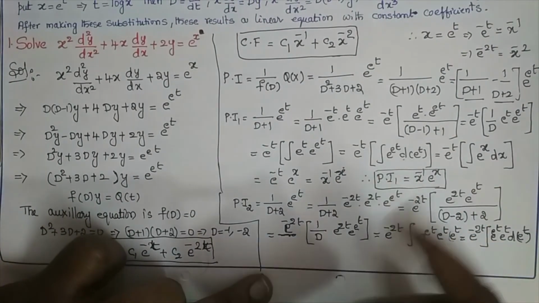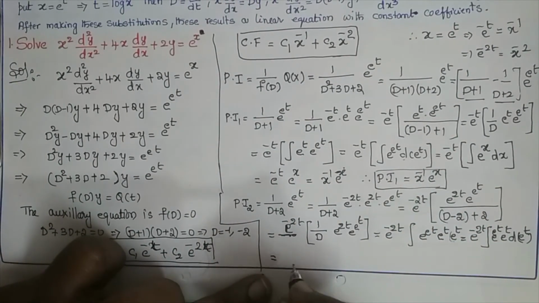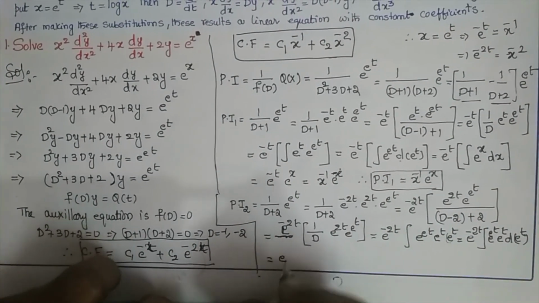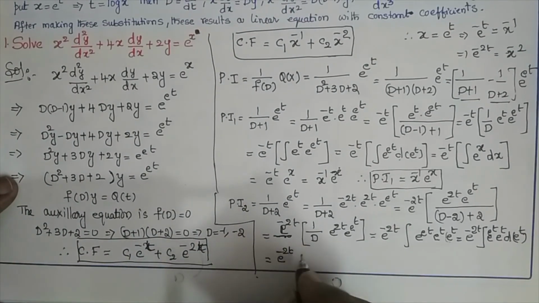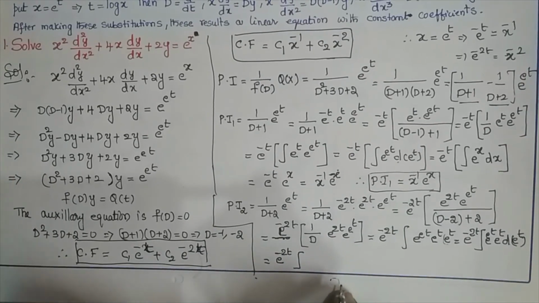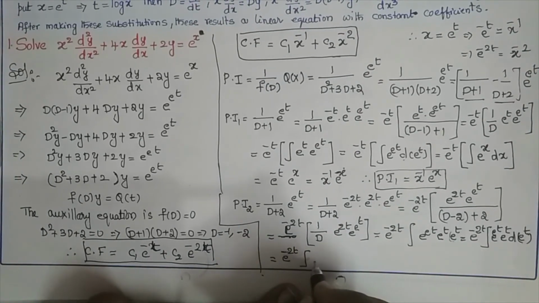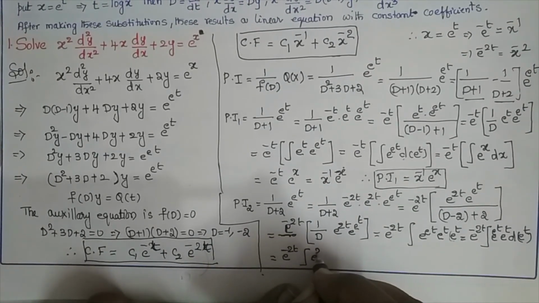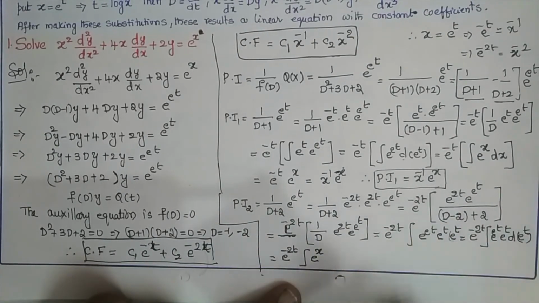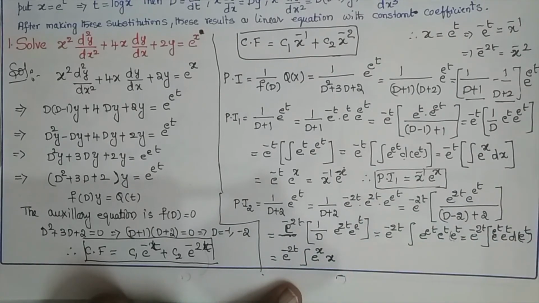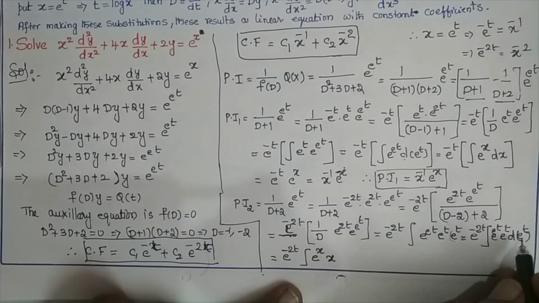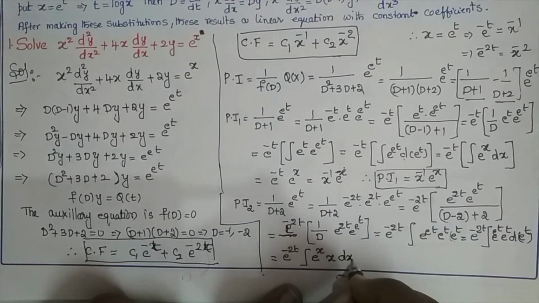Same rule, which is equal to e^(-2t) integral. I want to change this one in terms of x. e^t can be written as e^x, and e^t can be written as x, differentiation of e^t is dx.